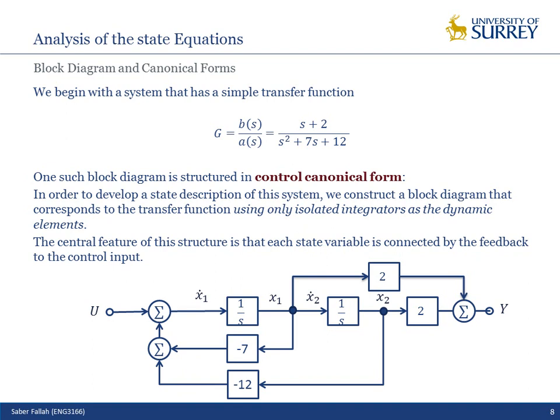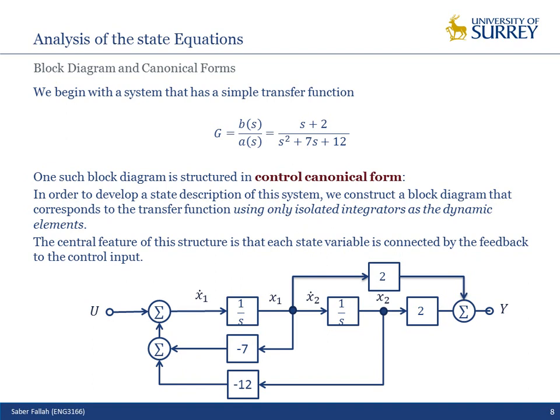So Y is 2x2 plus x1. I have x1 here, and x2 is equal to 1 over s times x dot 2, which is equal to 1 over s times x1. Correct? So it will be equal to 2 over s times x1 plus x1, where x1 is 1 over s times minus 7x1 minus 12x2 plus u.